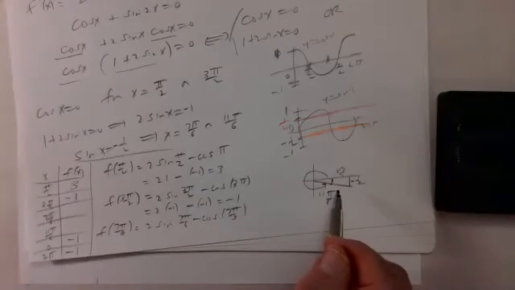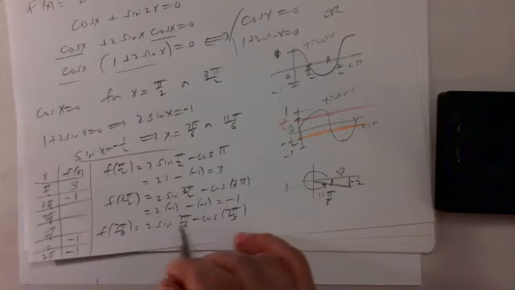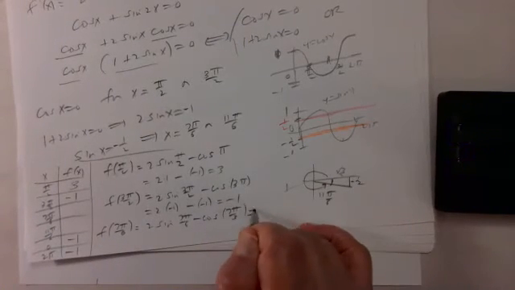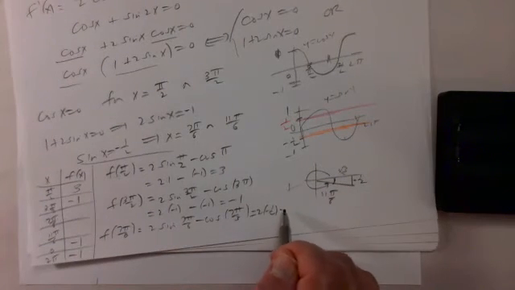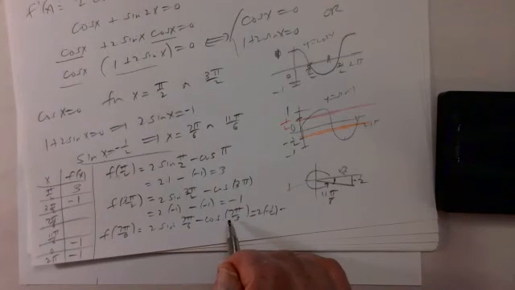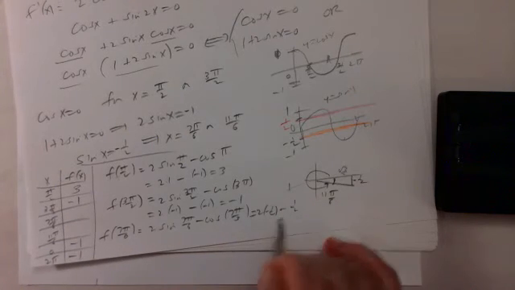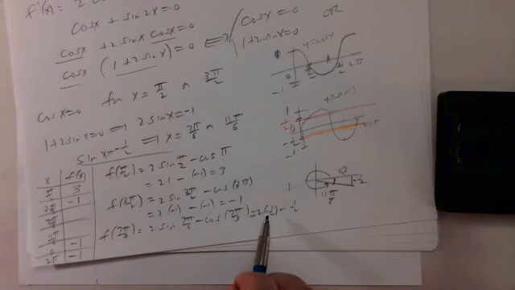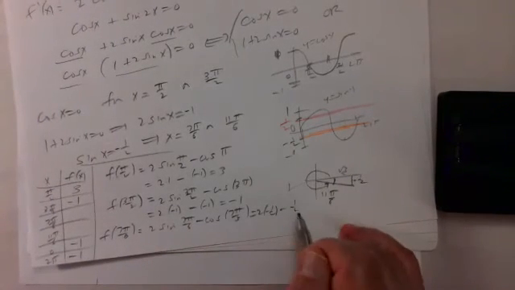The sine of 7 pi over 6 is minus a half. So this is 2 times minus a half minus the cosine of pi over 3, which is a half. So I have minus 1 minus a half. I have minus 3 halves.